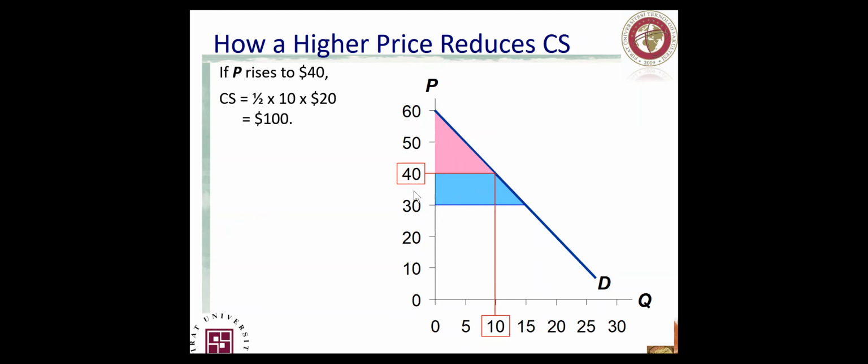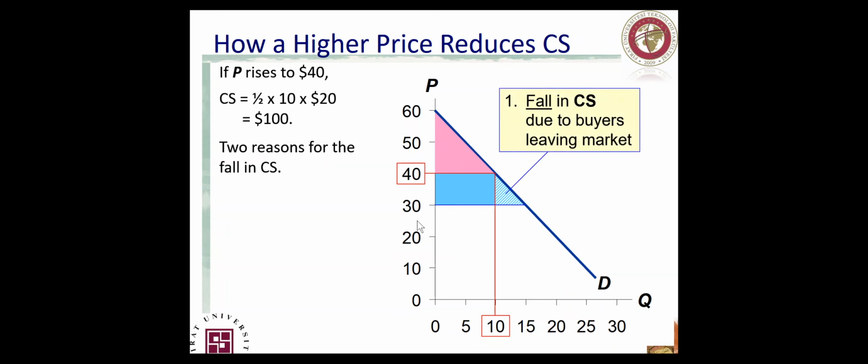So the rise here from 30 to 40, what will happen? It will cause us to lose two types of consumer surplus. One is due to some buyers leaving the market, and the second is due to other buyers paying a higher price for the item. Now what we are looking at is some buyers leaving the market.